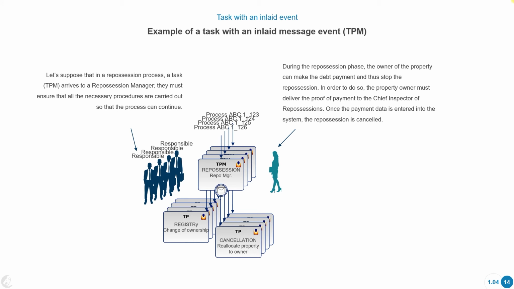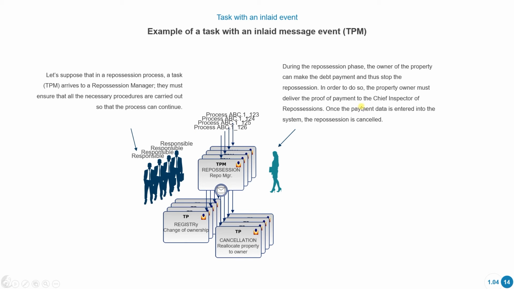But during the repossession phase, the owner of the property can make the debt payment and thus stop the repossession. In order to do so, the property owner must deliver the proof of payment to the chief inspector of repossessions. That's this person here we can see in this representation. Now, once the payment data is entered into the system, the repossession is cancelled.